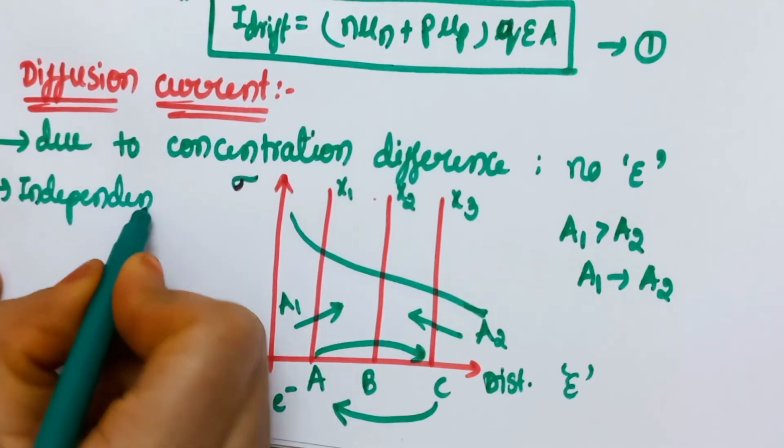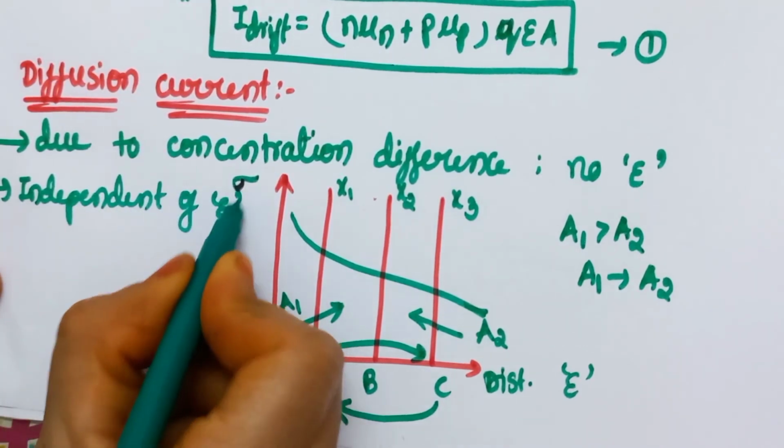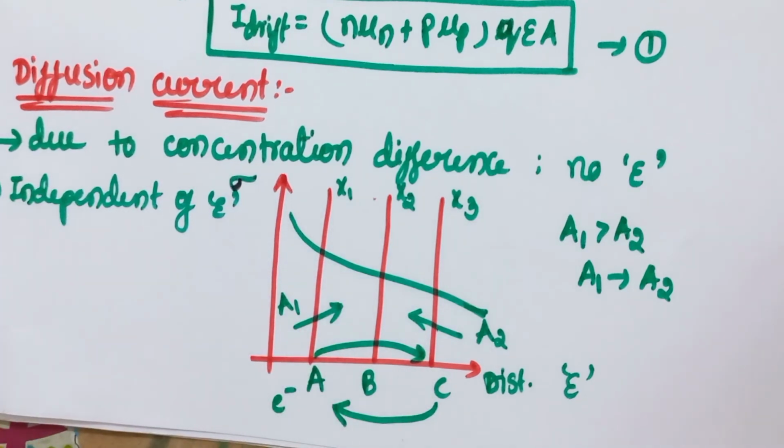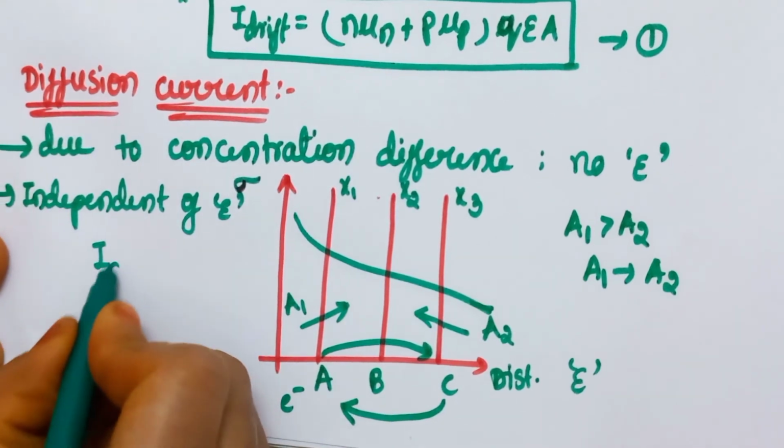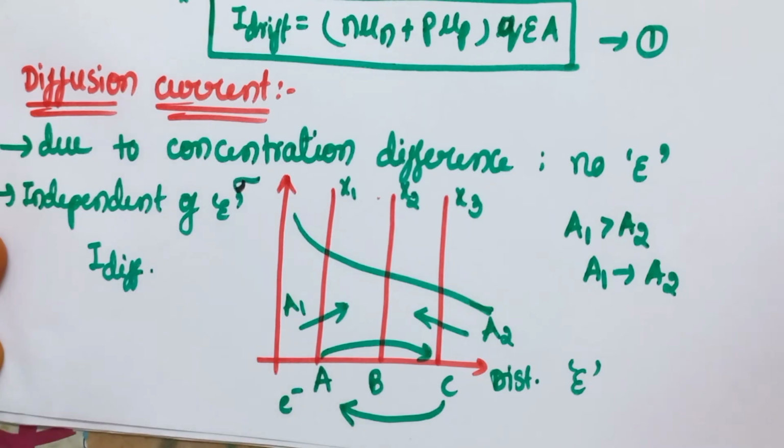So if there is no electric field also, there exists a very small leakage current, which is known as the diffusion current, and it is denoted by I diffusion. The diffusion current is due to the concentration difference of carriers between the two areas.